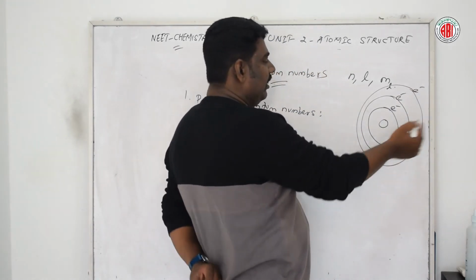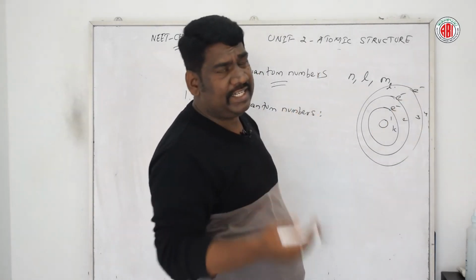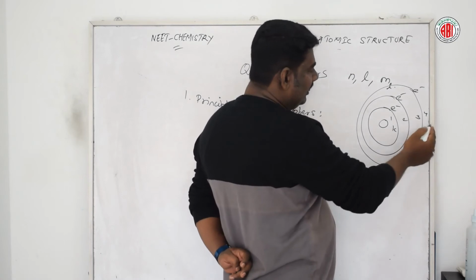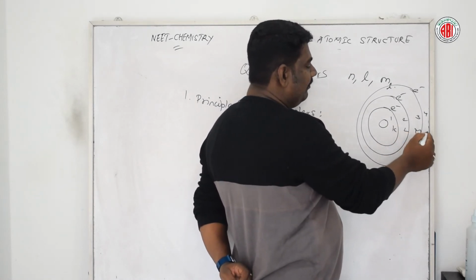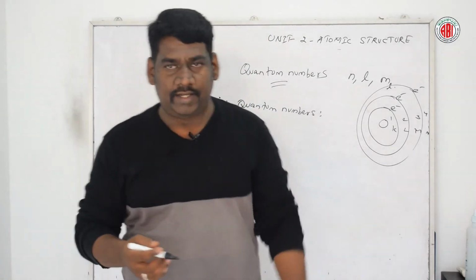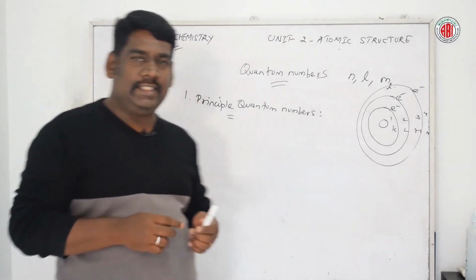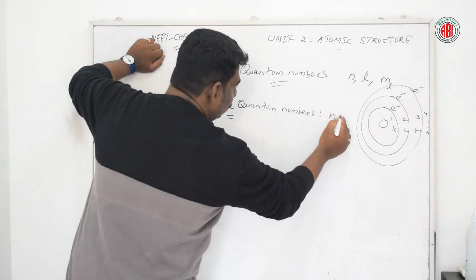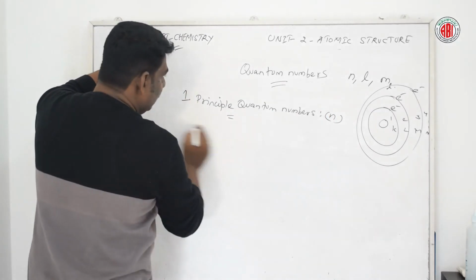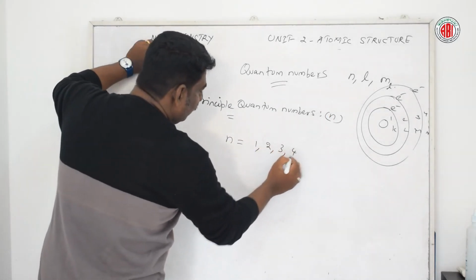Energy shell. First shell, second shell, third shell, fourth shell. Different energy levels. Here we are discussing about these shells. First shell K, L, M, N. 3 or 4 different shells. And this is the principal quantum number denoted by a small n. So small n may be 1 or 2 or 3 or 4.